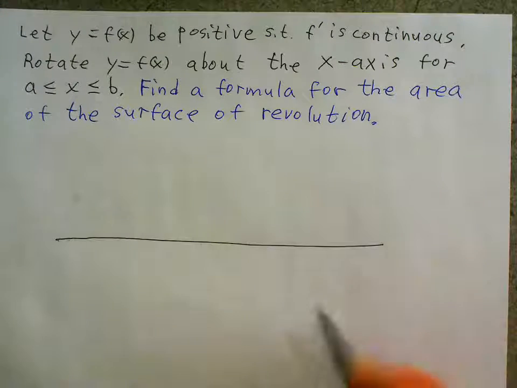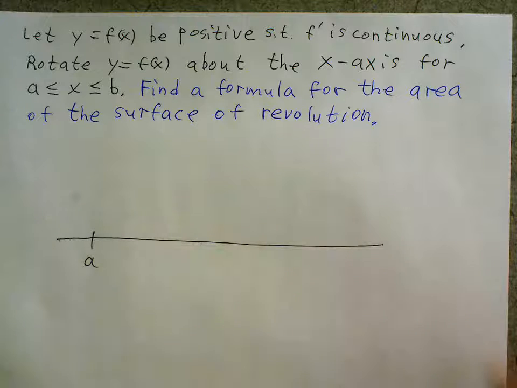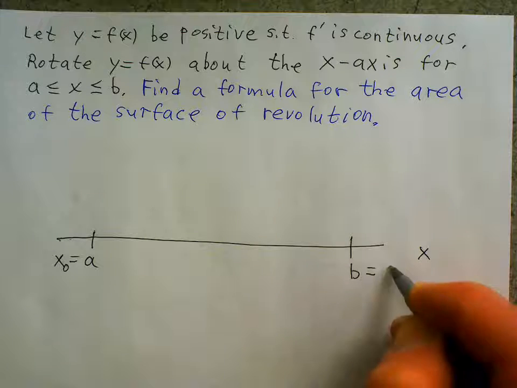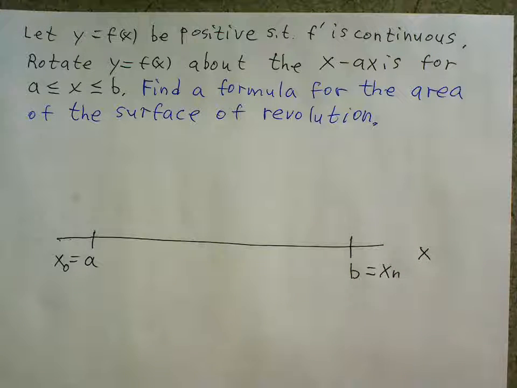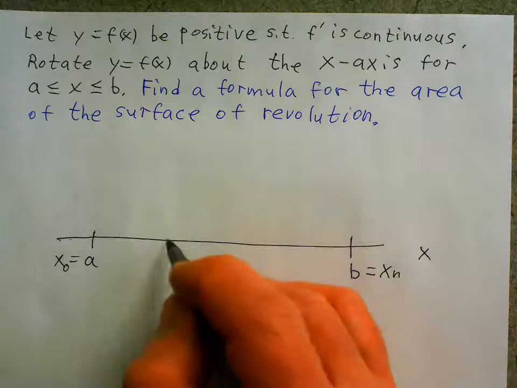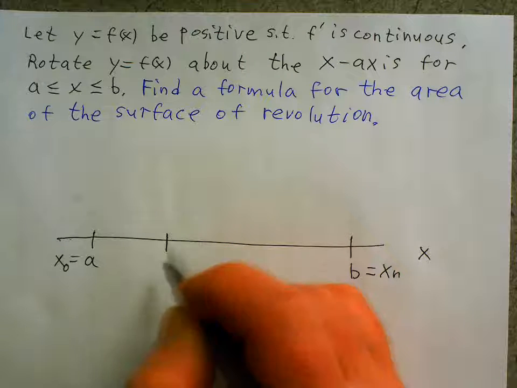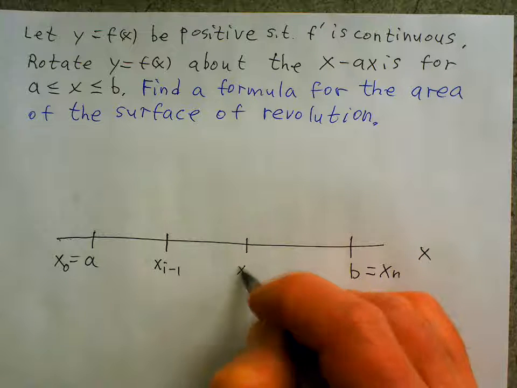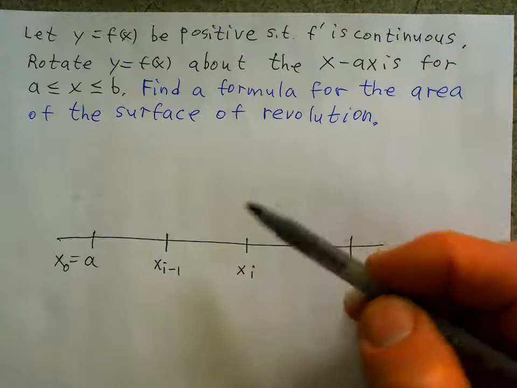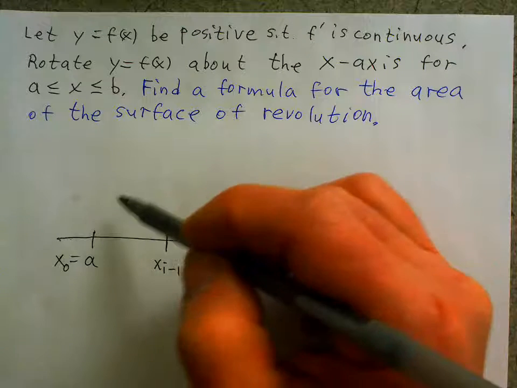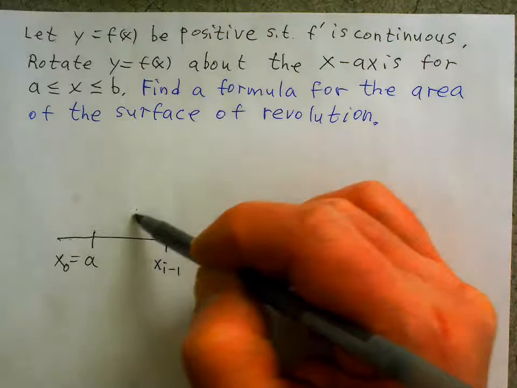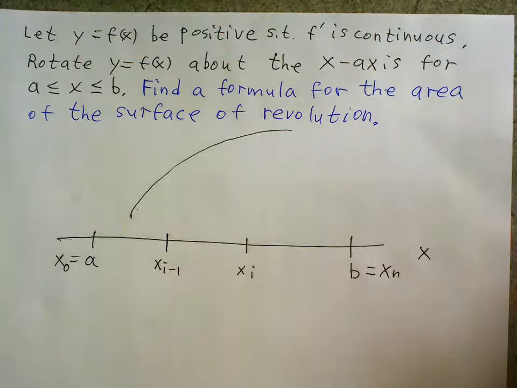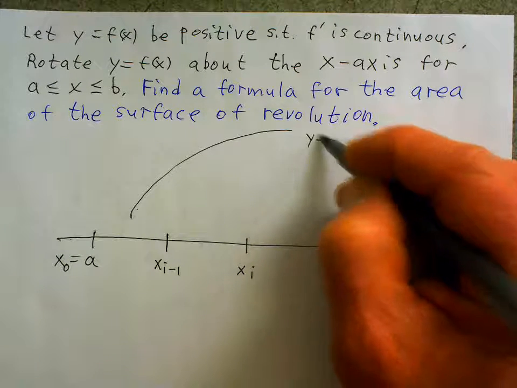Okay, so we're going to divide the interval from a to b. Point b is the same as x sub n. And we have n subintervals. We'll just look at the ith subinterval. So I'll mark this one as x sub i minus 1 and x sub i. And then we have the graph of some function of x. So this is the graph of y equals f of x.